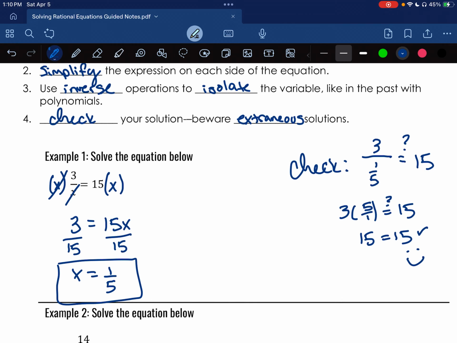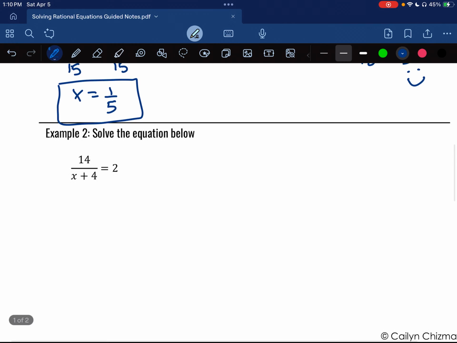All right, stepping it up a little bit here. We've got x plus 4, right? This guy is a binomial now, not a monomial, but still, because it's just the one fraction, we'll just multiply by its denominator to clear the fraction. So we've got 14 is equal to 2 times x plus 4.